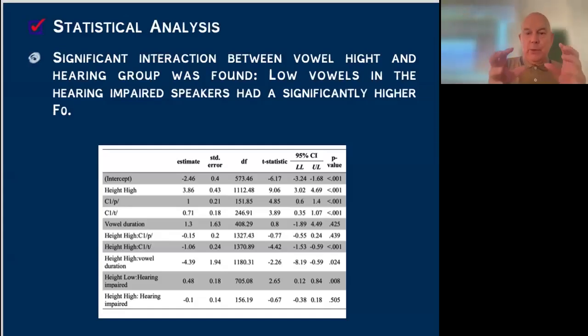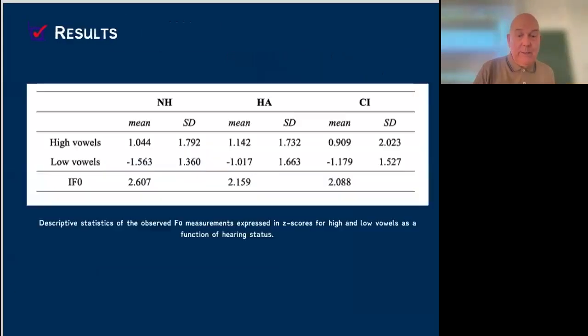So this means, in fact, that the fundamental frequency in the two groups, the hearing impaired group and the group of children with typical hearing, is significantly different. And I haven't shown you yet how different, but that is what you see in this particular table.